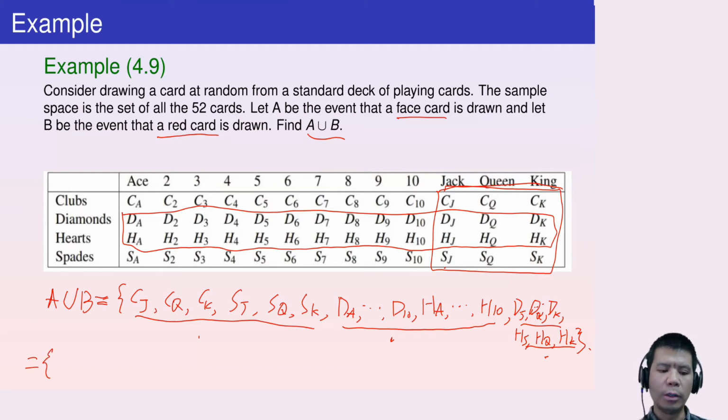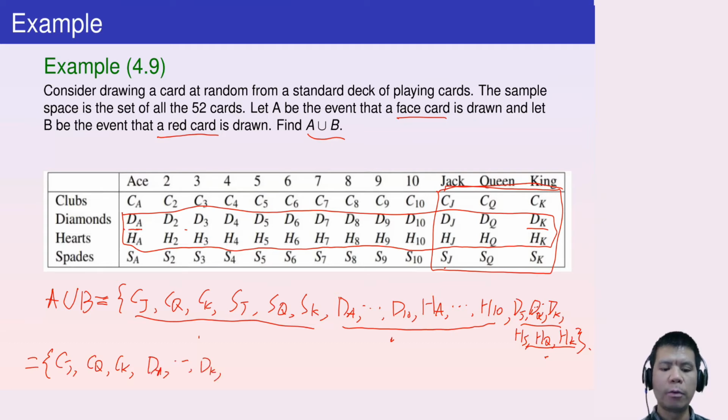Okay, so you have what? CJ, CQ, and CK. And then for the diamonds, as you can see, from diamond A to diamond K, they are all in the union. So we can just write down as what? dA till dK.